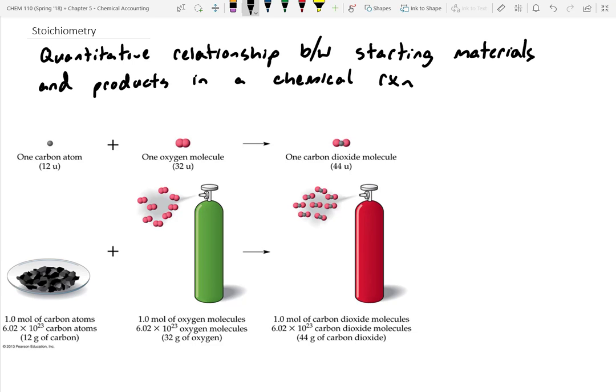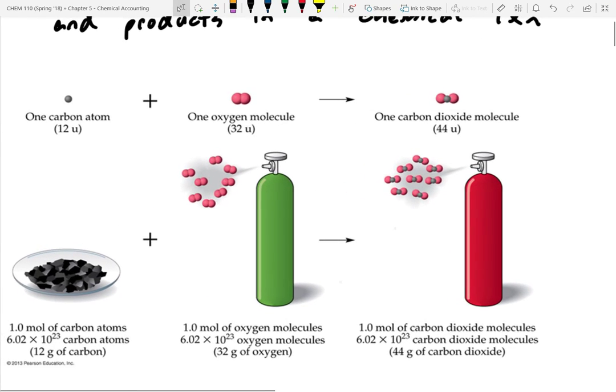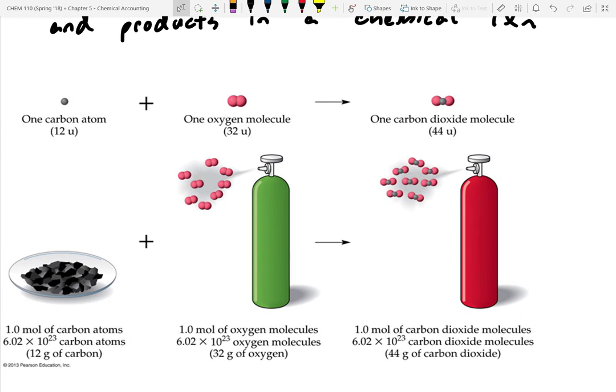So for example, if we look at the first one here, one carbon atom plus one oxygen molecule makes one carbon dioxide molecule. That's why balancing reactions is so important. You need to know the exact number of molecules required for an overall reaction to occur and the ratio of starting materials.